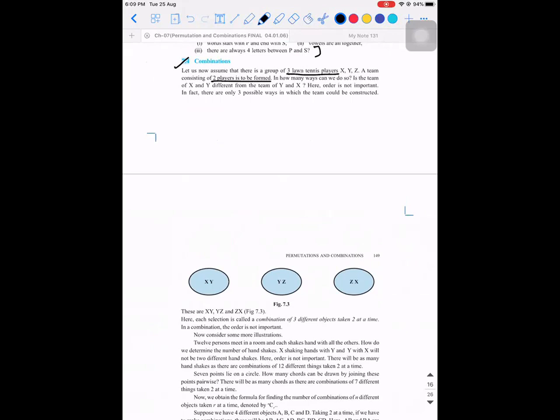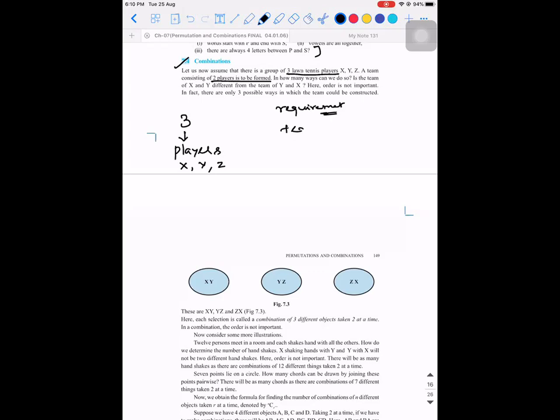So you need to form a team which consists of 2 players. In how many ways can you do so? Tell me. How many players do you have? You have 3 players. Who are they? X, Y, and Z.